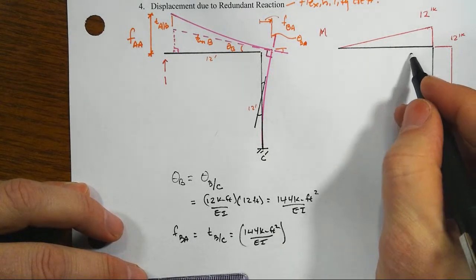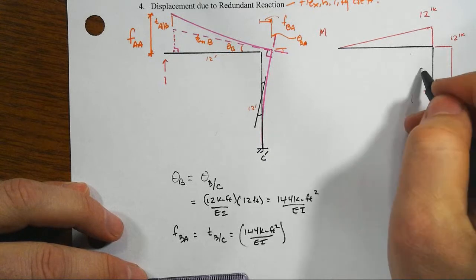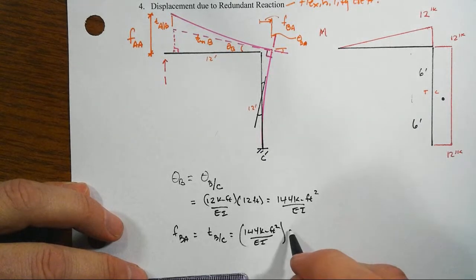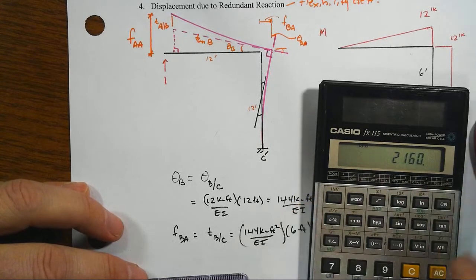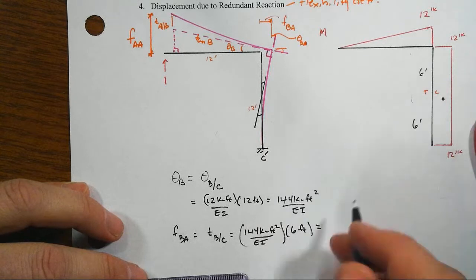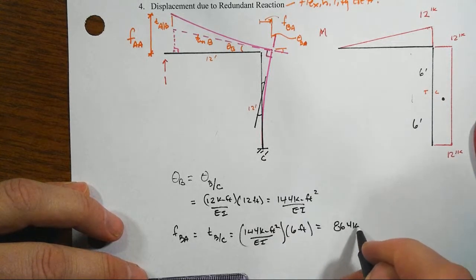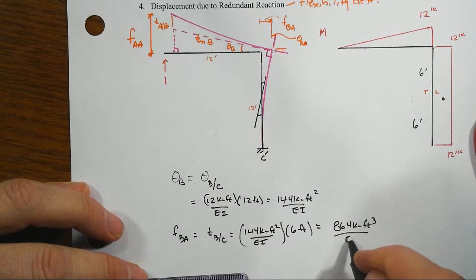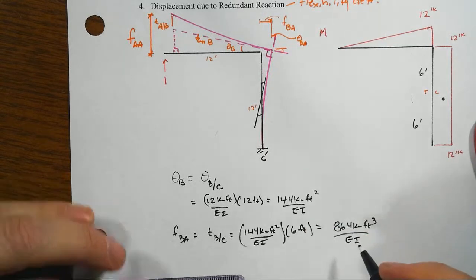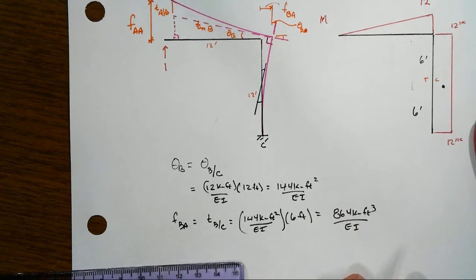The moment arm with respect to the point of interest is 6 feet, at the midpoint. That will be 144 times 6, 864 kip-foot cubed over EI. Note the units, one more length unit than we had for the rotation, so that's a good sign that we're doing things correctly.